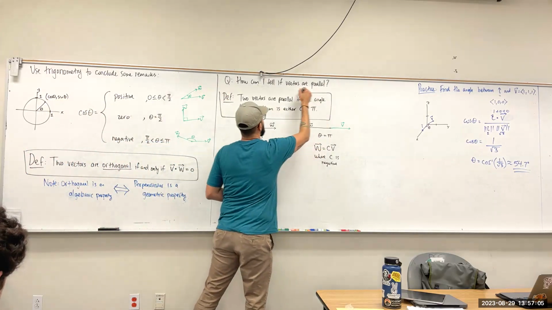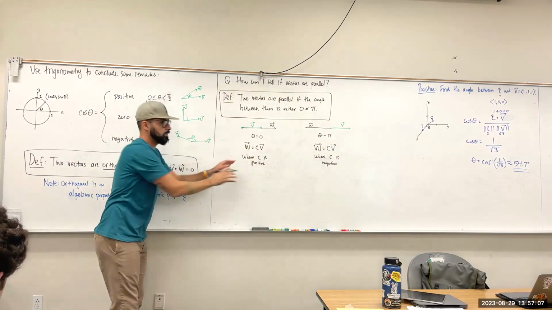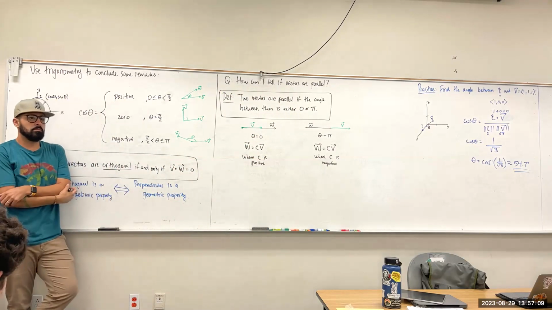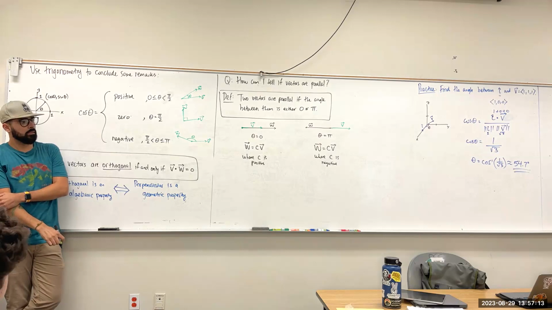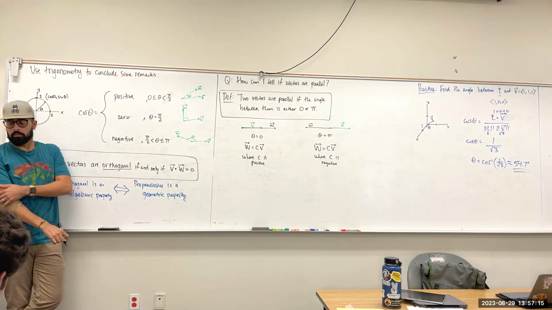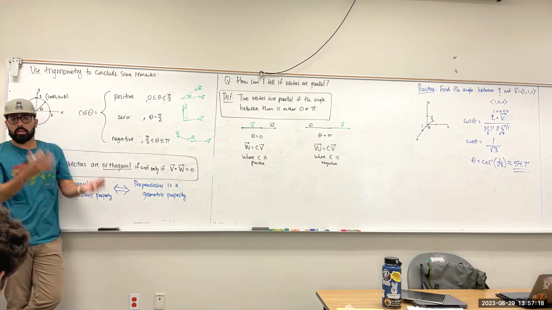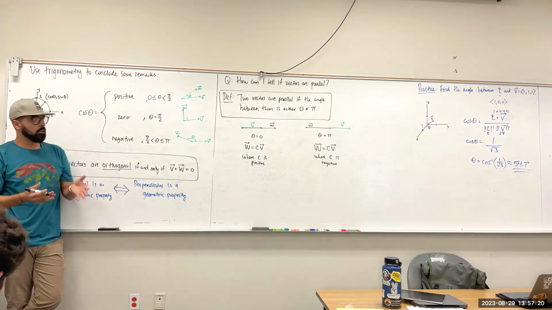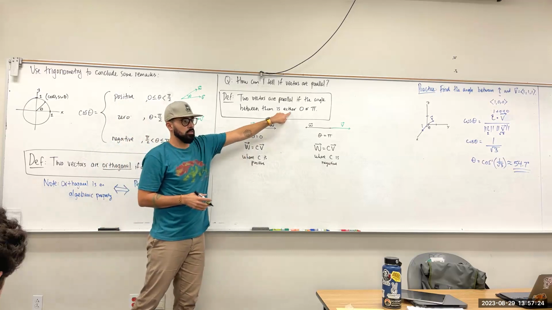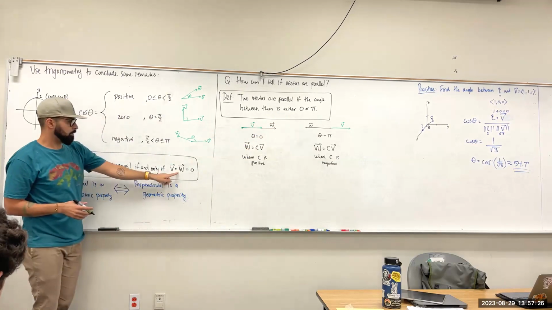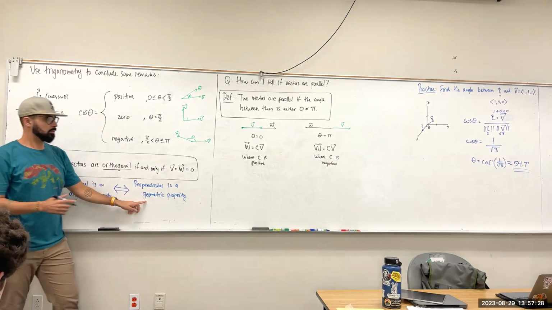So what can we conclude from this discussion here about vectors being parallel? What do you think? They're just scalars of each other. They're scalar multiples of each other. So this is algebraic, but this is geometric, right? Just the way this was algebraic with geometric.